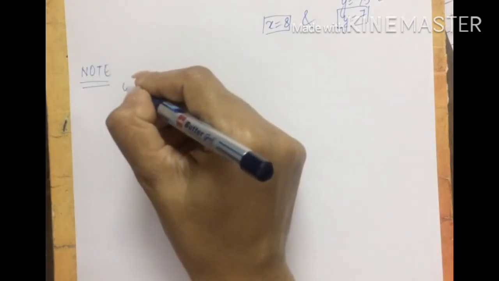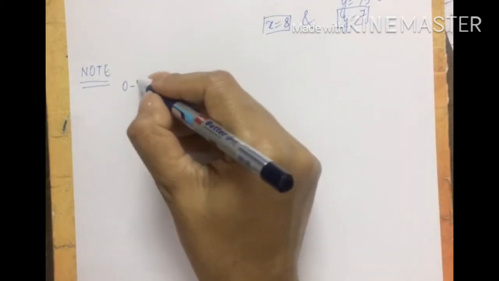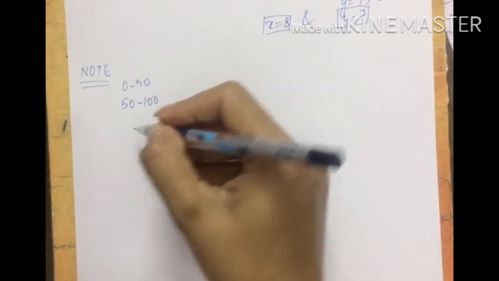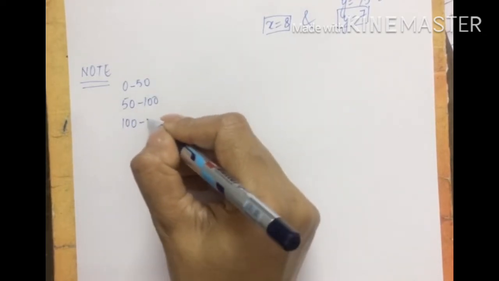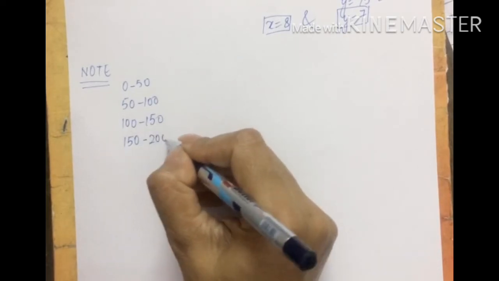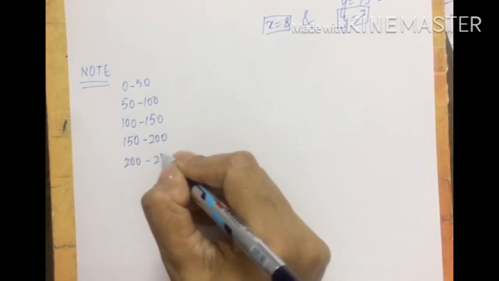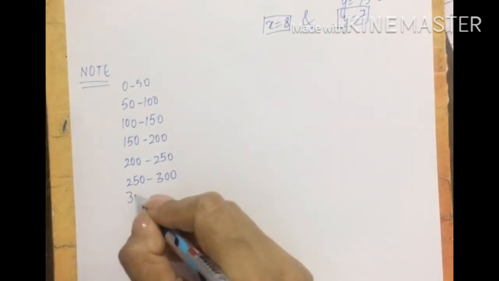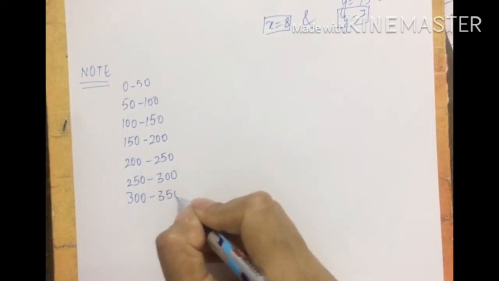Let us consider you've been given the classes as 0 to 50, 50 to 100, 100 to 150, 150 to 200, 200 to 250, 250 to 300, and then 300 to 350.